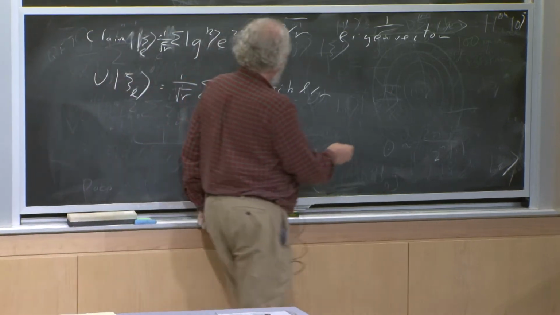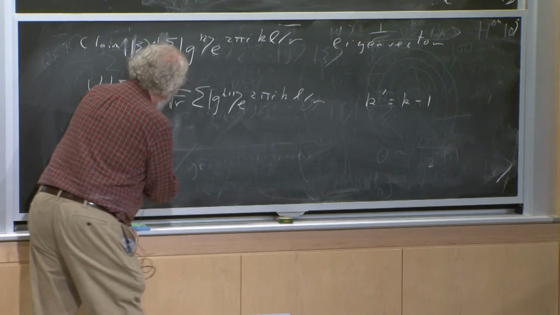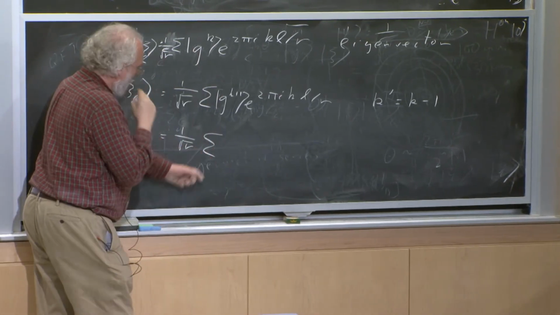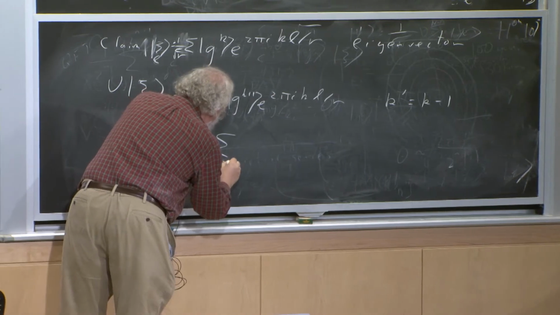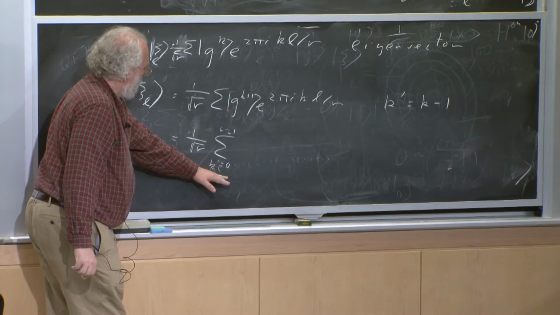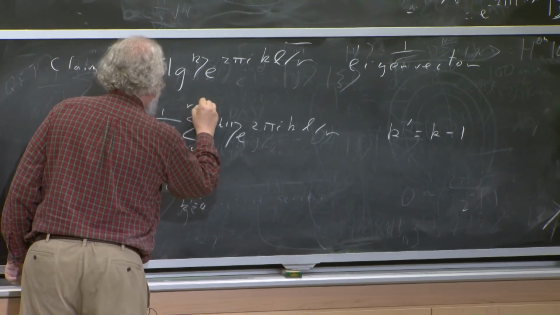And now let's let k prime equal k minus 1. This is equal to 1 over root r sum. I want to say it's the same sum as before, with k from 0 to r minus 1.